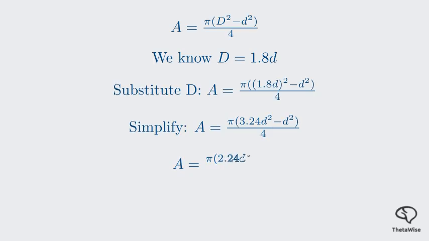This simplifies our equation to A equals pi over 4 times 2.24 d squared. We can divide 2.24 by 4, which is 0.56, so the area A is equal to 0.56 pi times d squared. This is a clean expression relating our calculated area A to the unknown inside diameter d. Now we just need to substitute our value for A and solve for d.